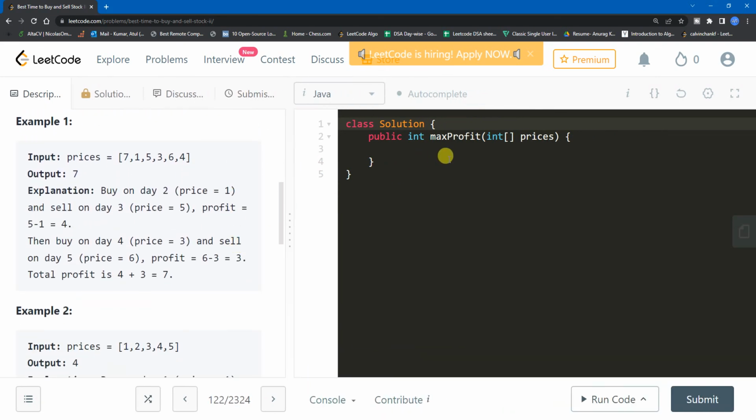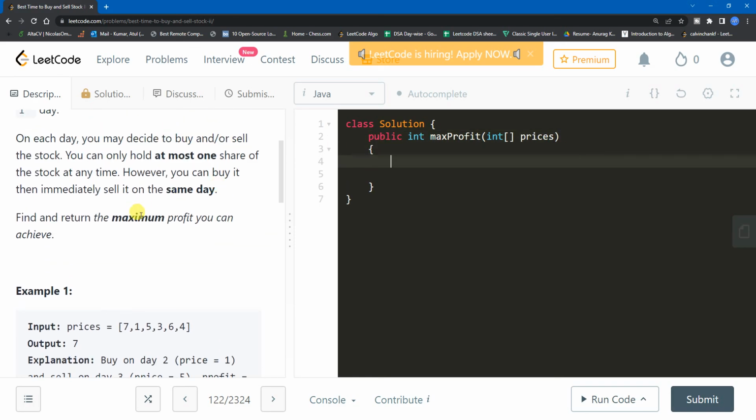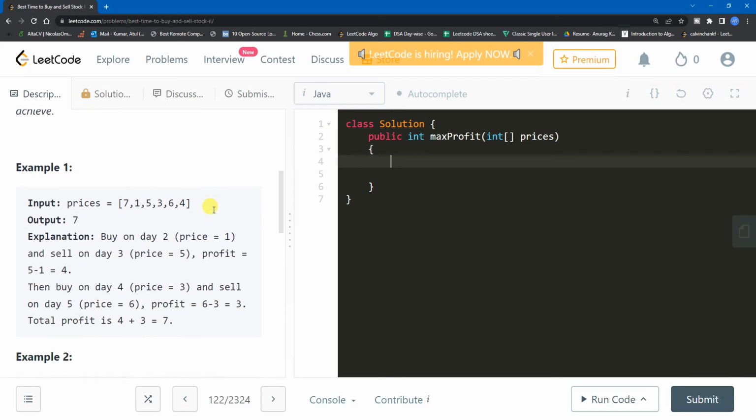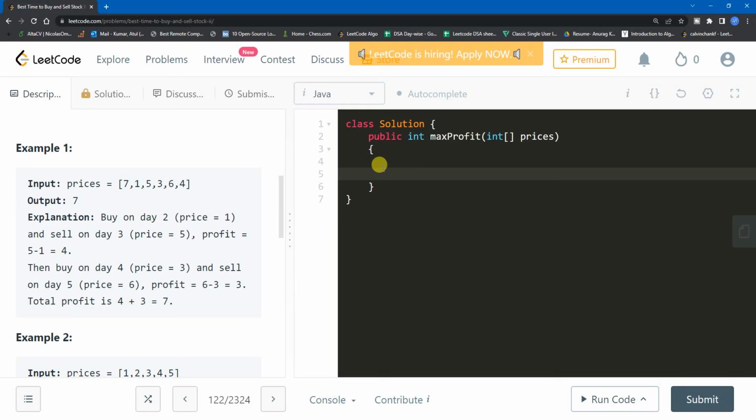Here we have to find the overall maximum profit, and we can hold at most one share of the stock. So I'm just writing our array.